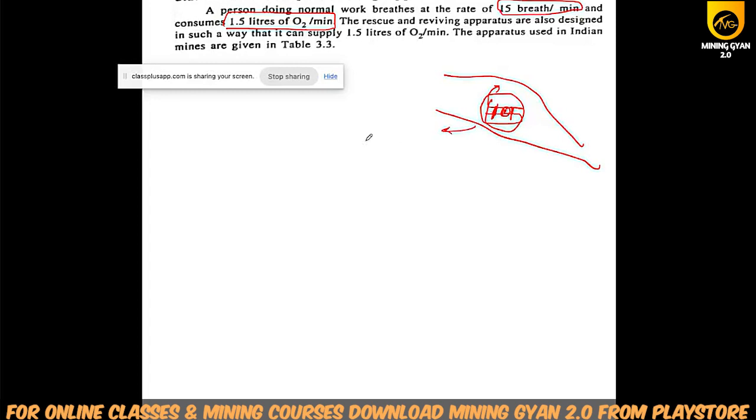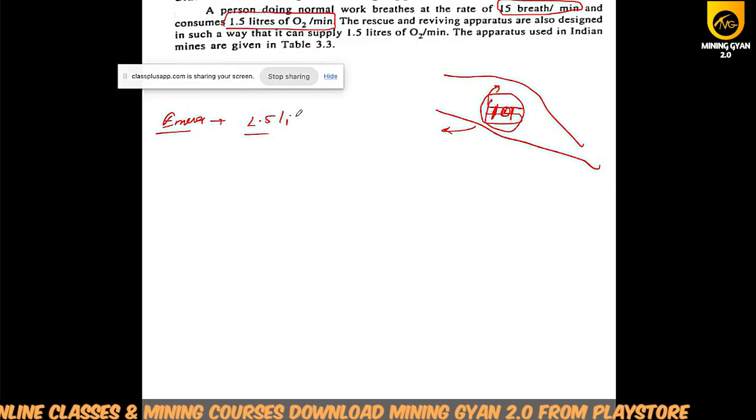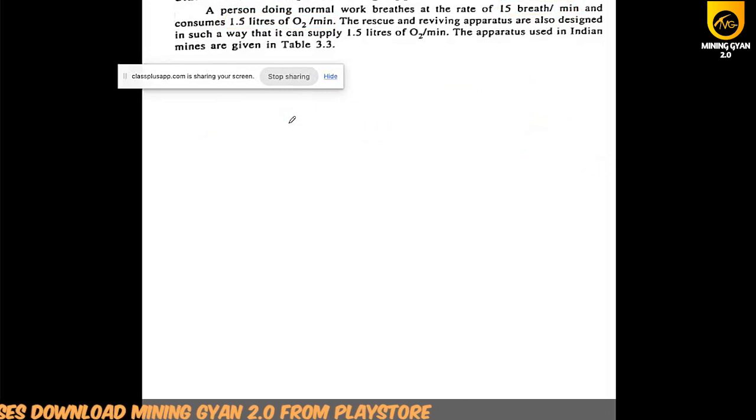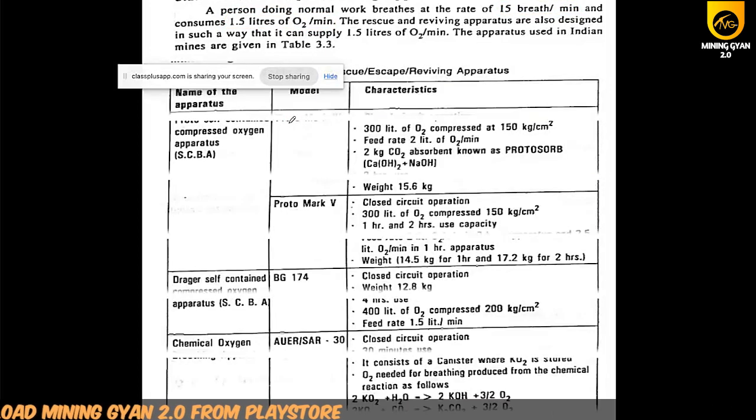So in the emergency these apparatus help you and provide you 1.5 liter oxygen per minute, because you need these quantities in the normal scenario. Okay, so there are some instruments.